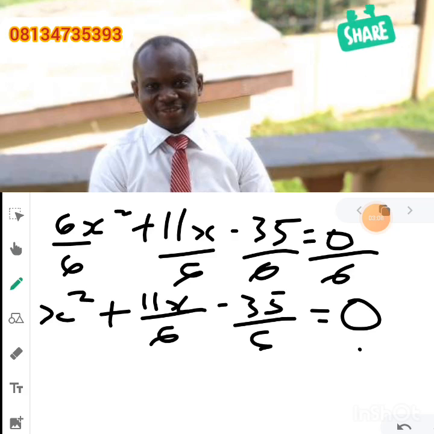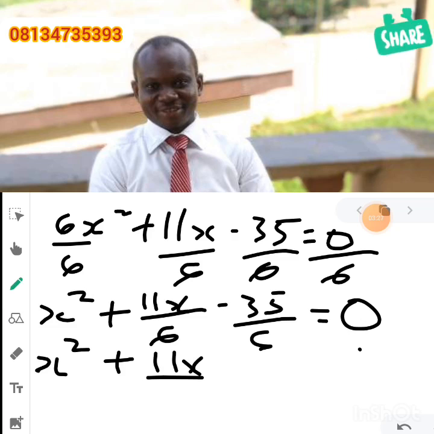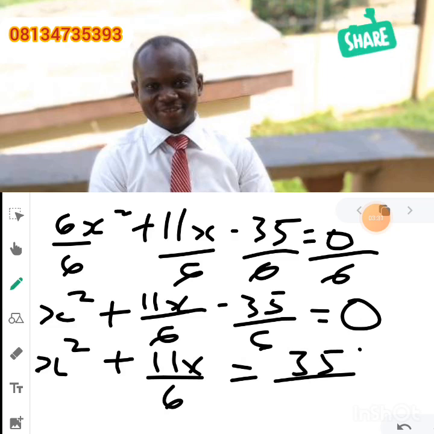So constant term, it's time for you to move. Oh no, you can't move it by pushing it. All you need to do is to take it by yourself. A gentle take. Just x squared plus 11x over 6 equals 35 over 6.